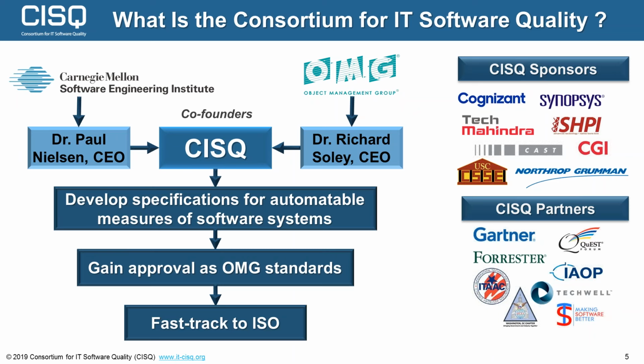And to gain approval for these as OMG standards, which made them international standards supported by the Object Management Group, which has a large number of international standards, things like UML and CORBA and other software-related standards.